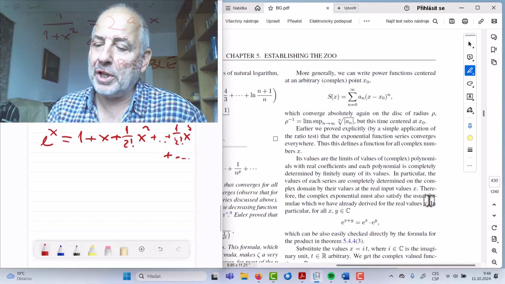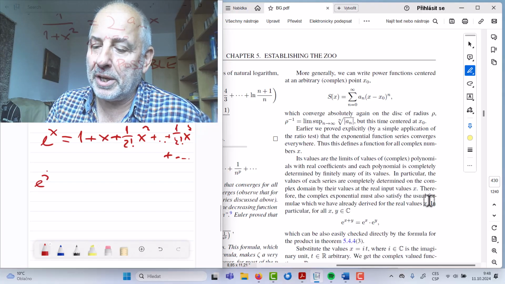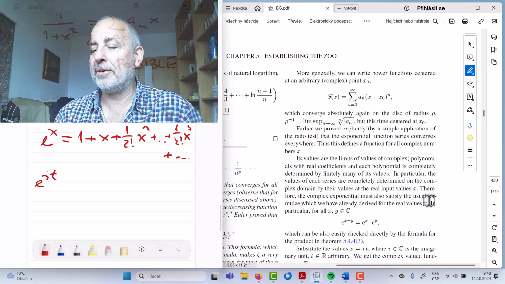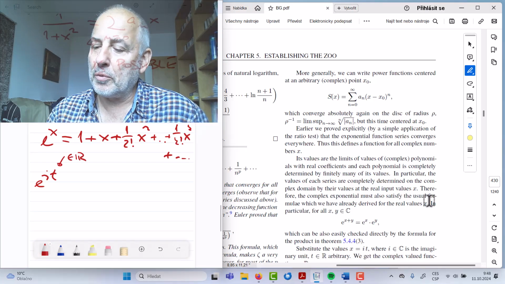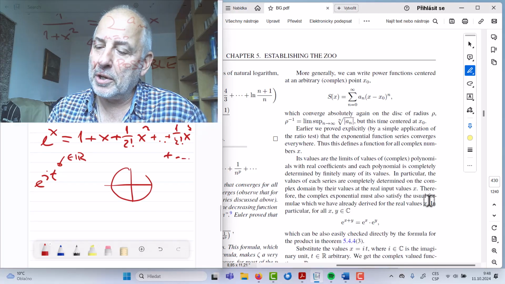And now imagine we plug in the purely imaginary things, it, where t is in R. So what we see is that e to it will sit on the unit circle.